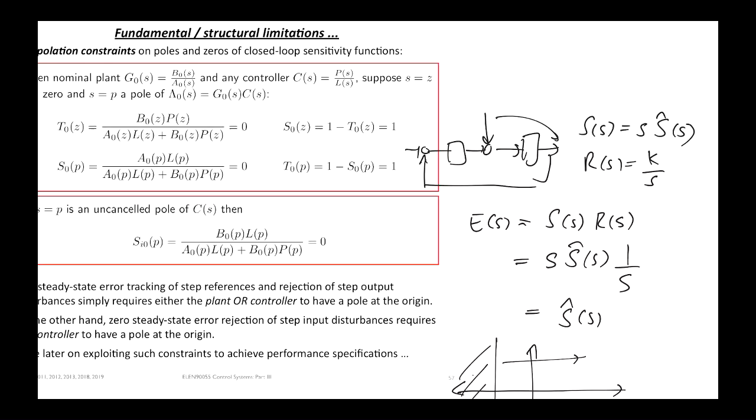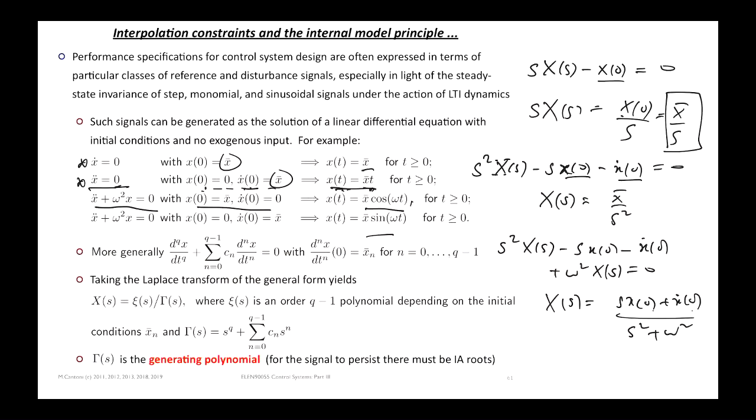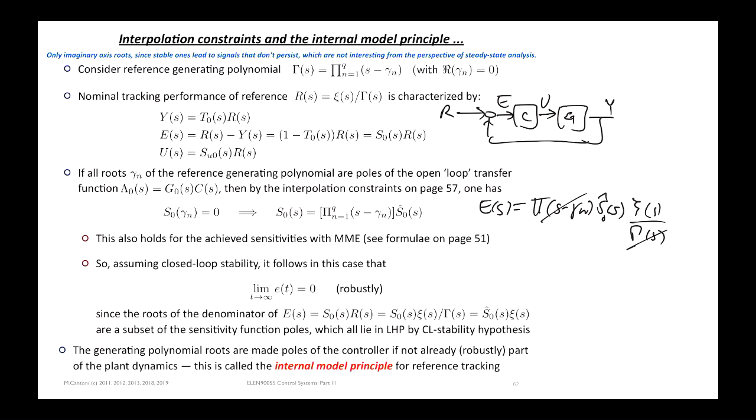And if the closed loop is stable, then this function is well defined in a right half plane that contains the imaginary axis, which tells you that this is a signal that in the time domain decays exponentially to 0. So it's just a generalization of what we saw for the step.